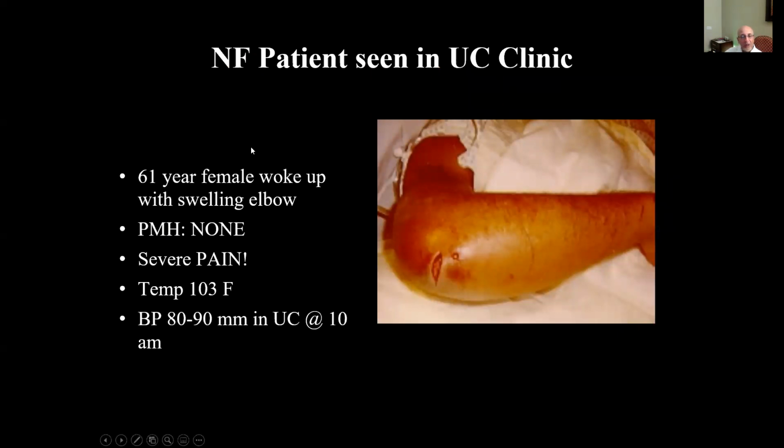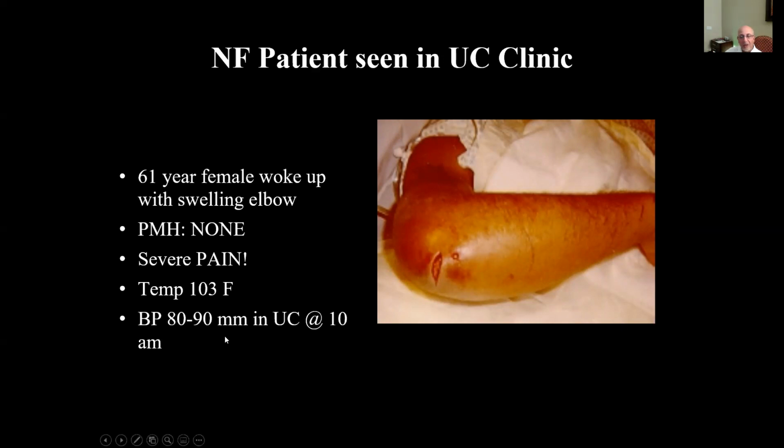This is an initial case where the patient was seen in the urgent care clinic. She's 61 years old, and she wakes up with swelling of the olecranon bursa associated with fever and severe pain. In the urgent care clinic, her temperature is 103.